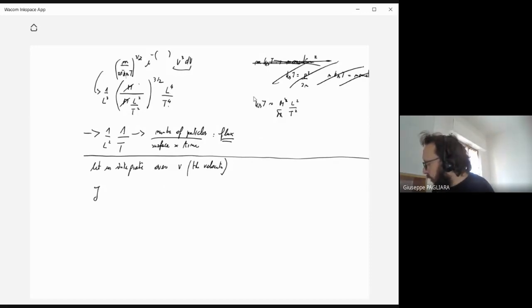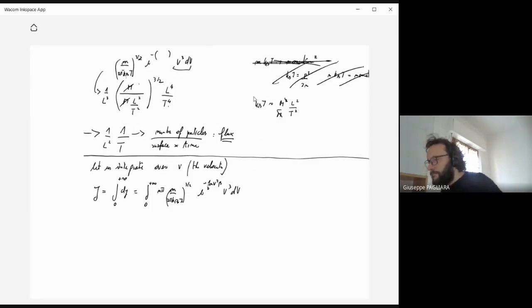Now, at this point, we can call it J, and this J is equal to the integral from 0 to plus infinity of the quantity that I just found, which was n pi, then I have m divided by 2 pi kBT to the power of 3/2, exponential of minus m v squared beta, v cubed dv.